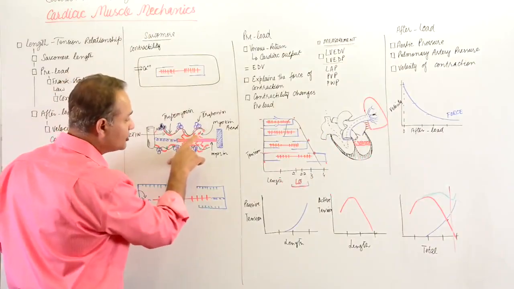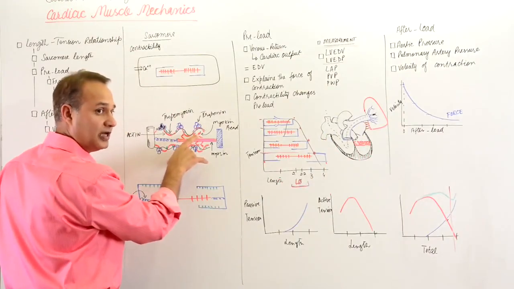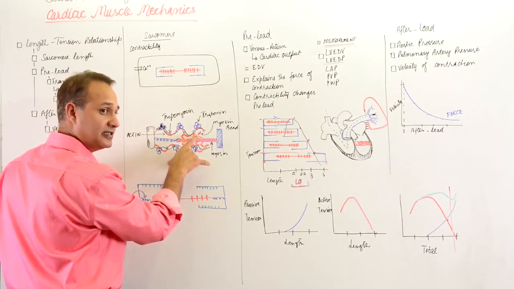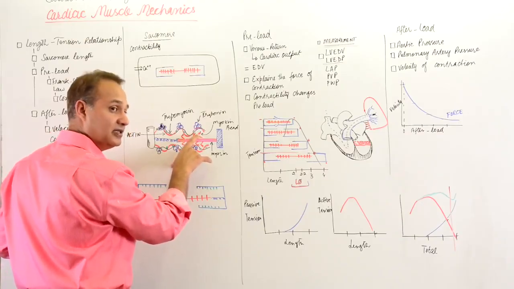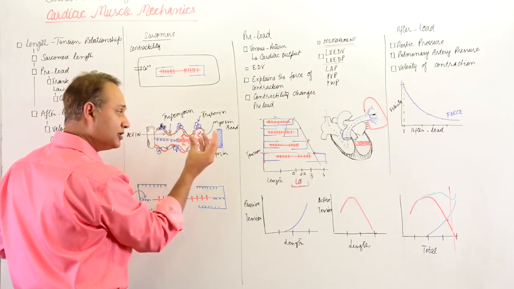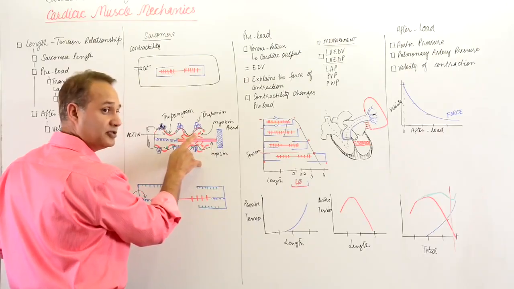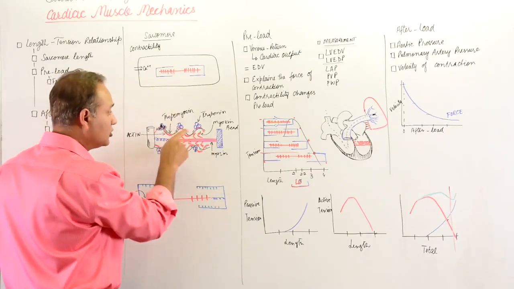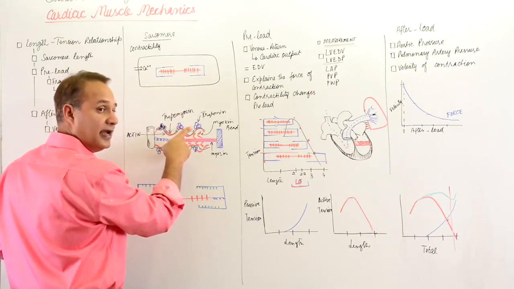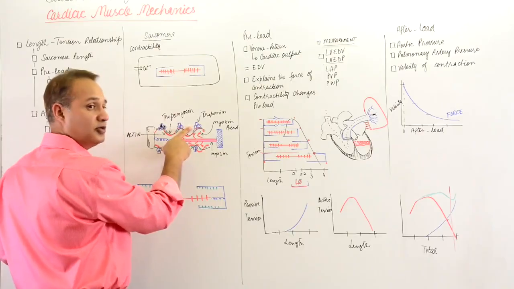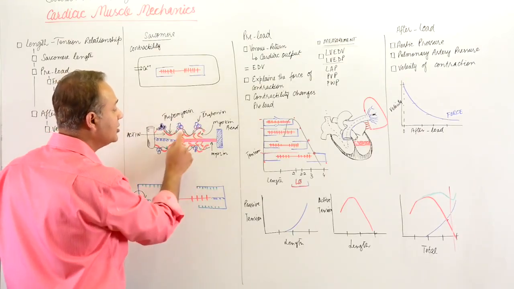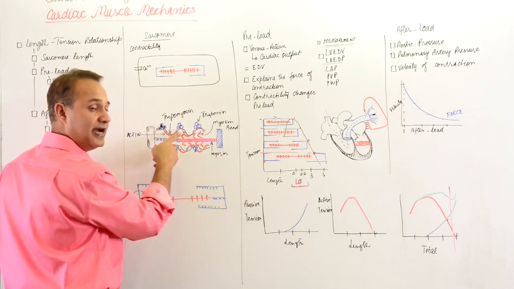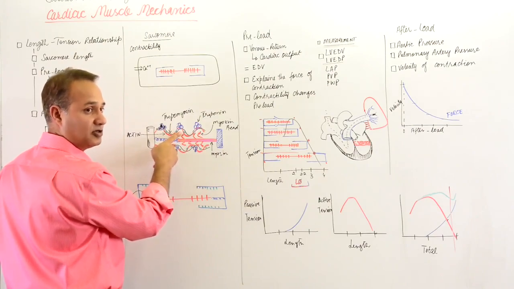Calcium phosphorylates through the MLCK, myosin light chain kinase. It helps phosphorylate the myosin head, the light chains on the head, and that opens up the active site on the myosin head. Calcium also works with the troponin and primes the troponin and asks the troponin to remove the tropomyosin and to expose the active sites which will take part in the contraction.